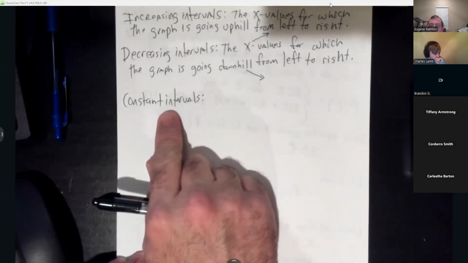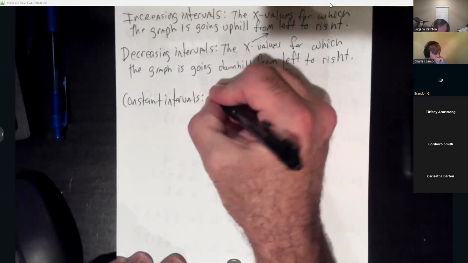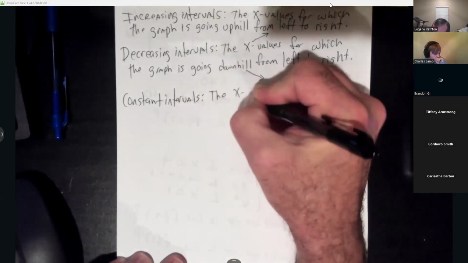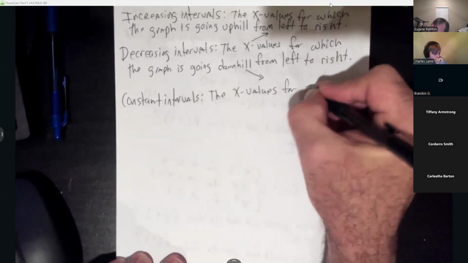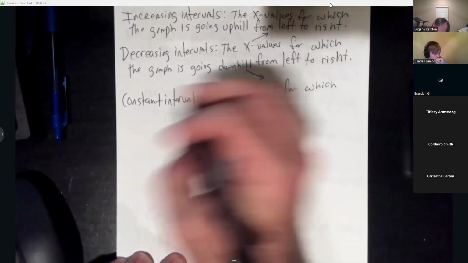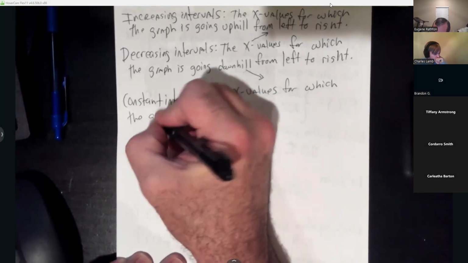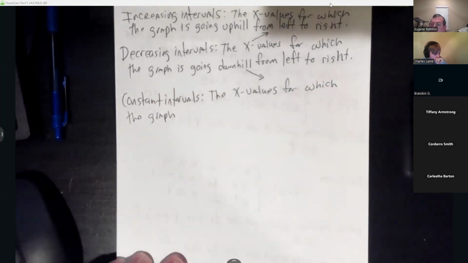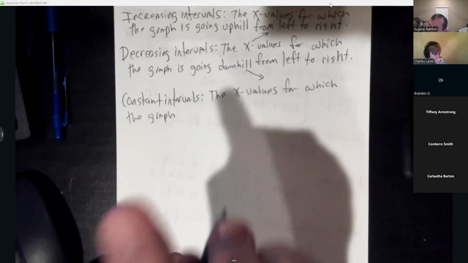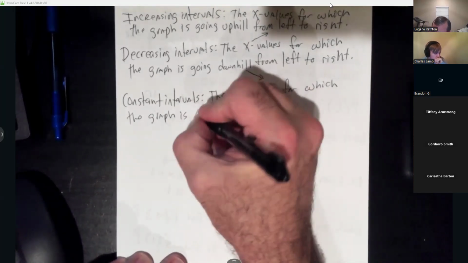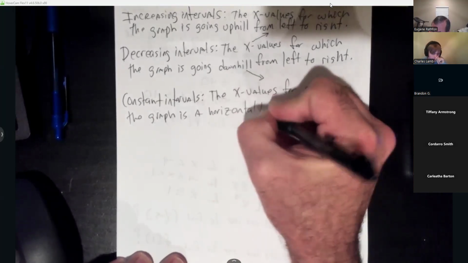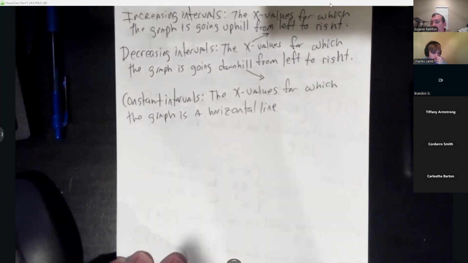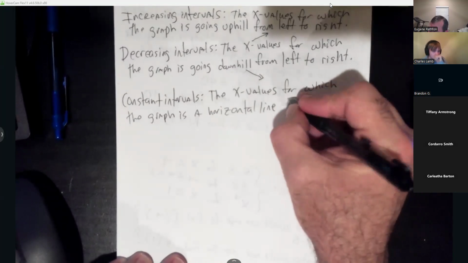Well, y'all, constant is the x values for which the graph is a horizontal line from left to right.